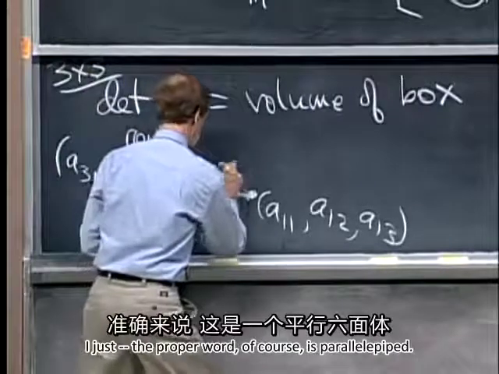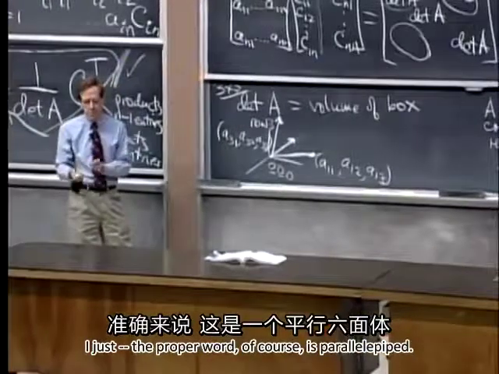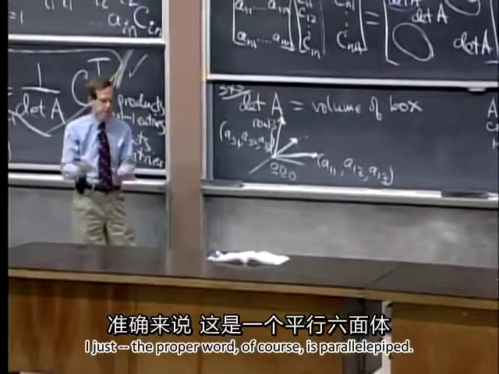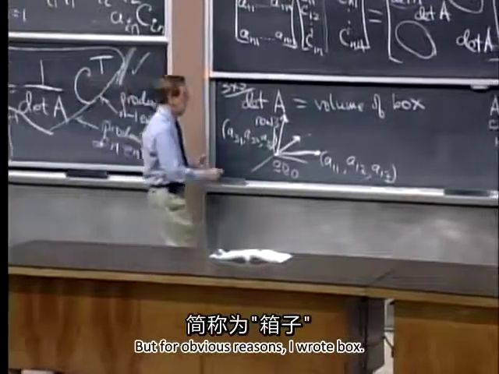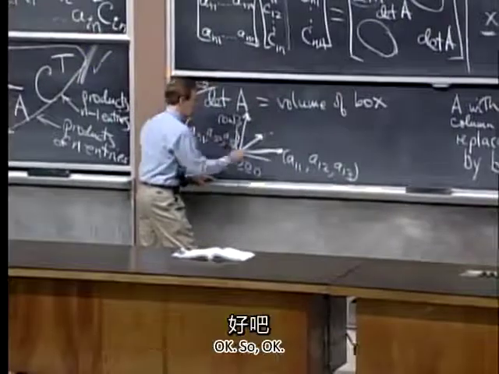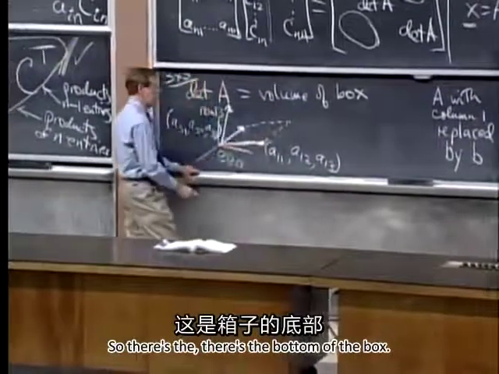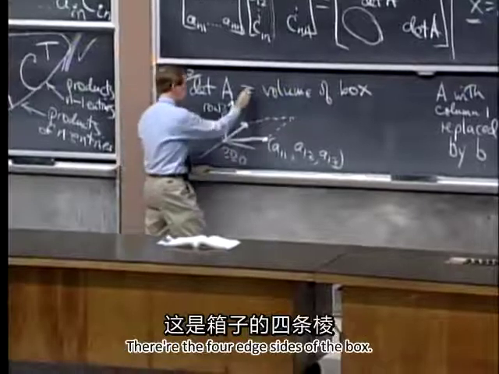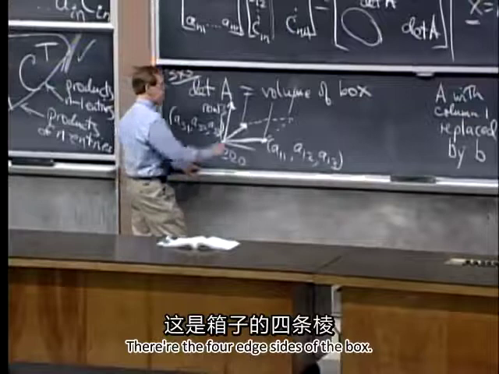I just make a box, the proper word, of course, is parallelepiped. But for obvious reasons, I wrote box. Okay, so there's the bottom of the box. There are the 4 edge sides of the box.